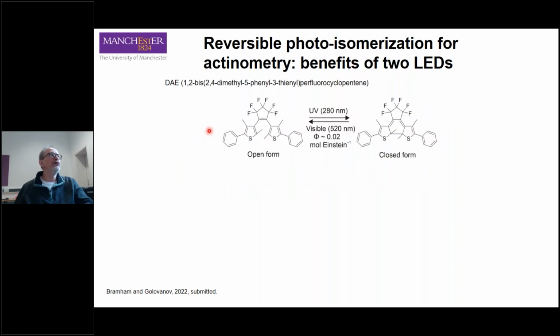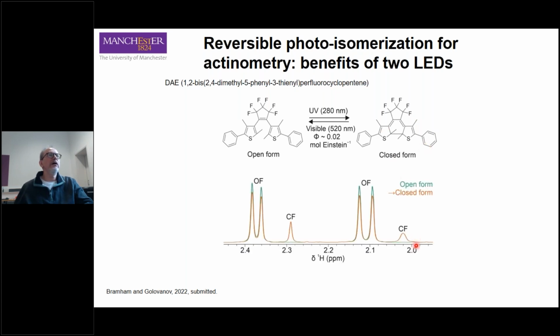So this molecule, DAE, can exist in open form and in closed form, and UV illumination at 280 nanometers shifts the equilibrium towards the closed form. And the concentrations of the forms present at any particular moment can be quantified using either proton or fluorine NMR spectra.